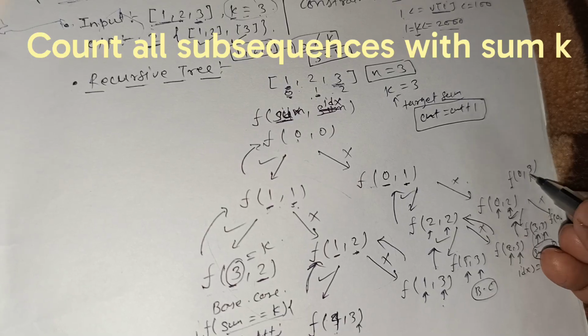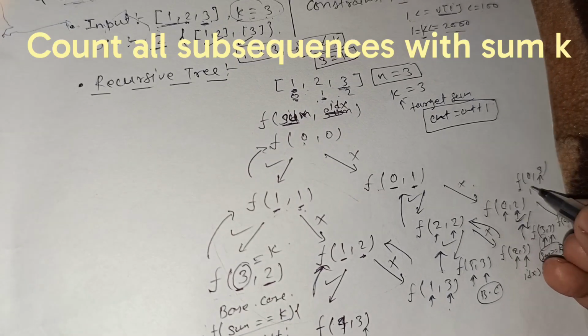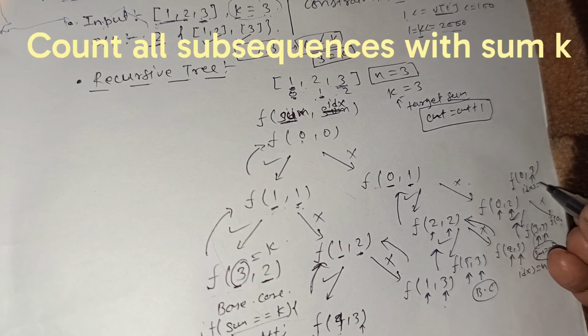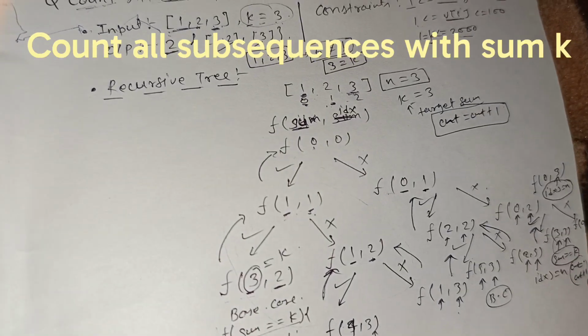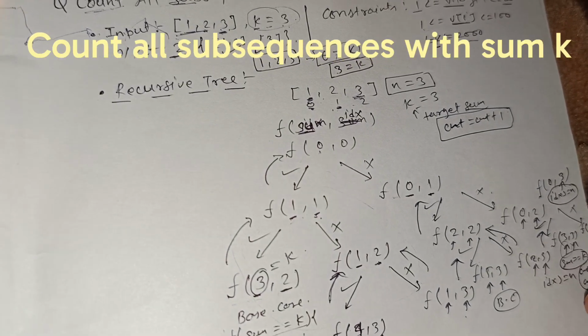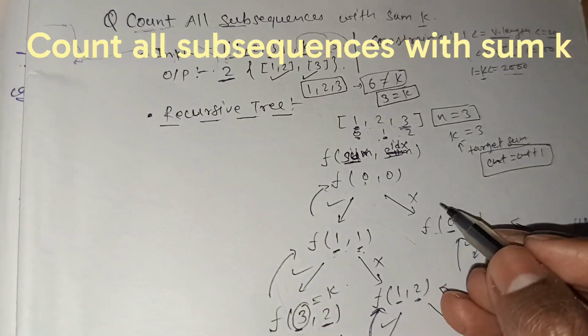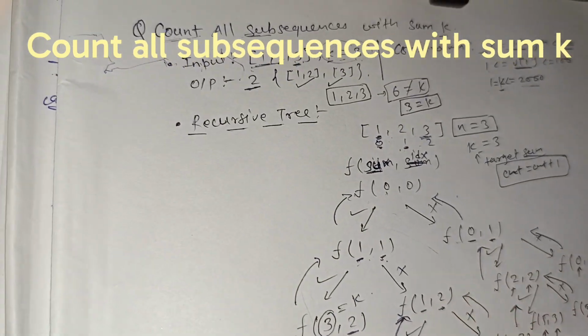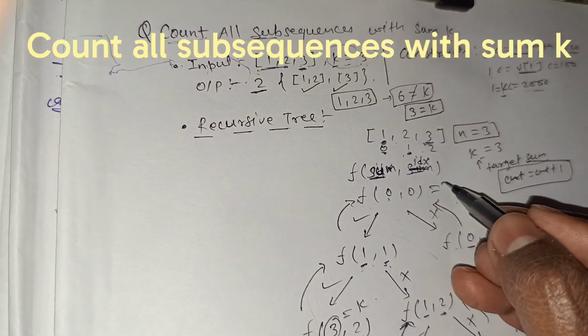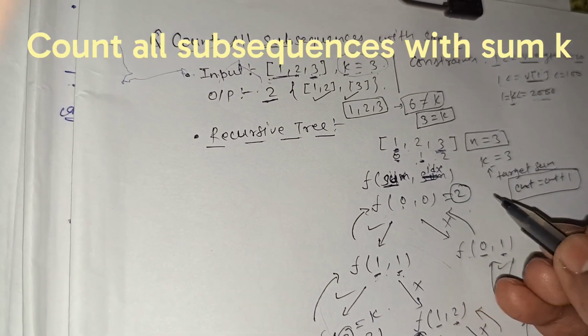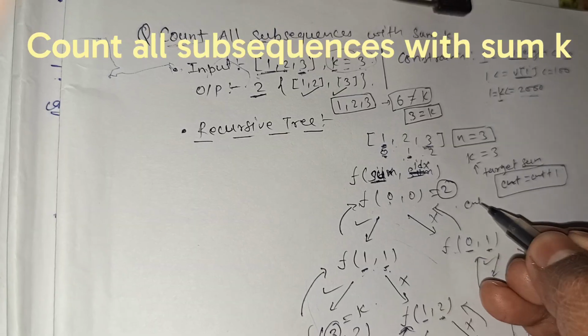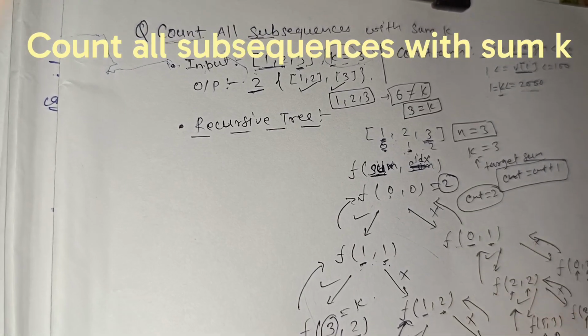Here the base case is hit, that is index greater than or equal to n, so the function will return. From here it will be returned. Our final answer is 2, which is saved in count equals 2.